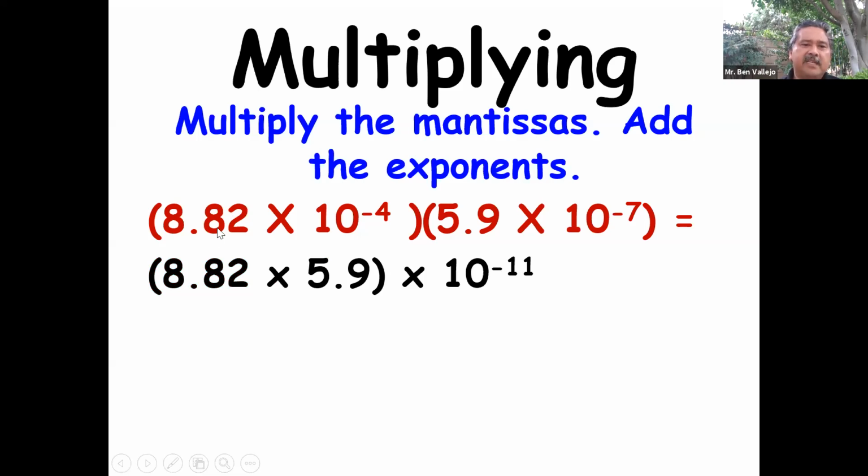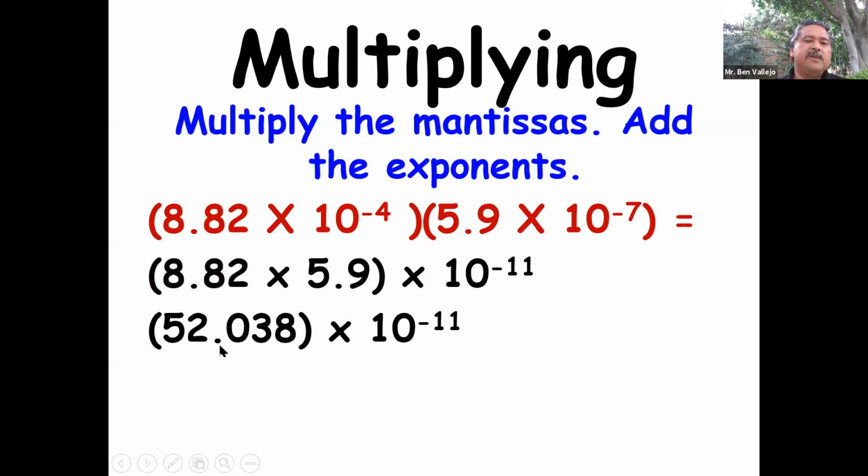And then we take the mantissas and multiply those. We get 52, except 52 is not a number between 1 and 10. So I've got to move this decimal over to the left once, and when I do, I've got to change this to 10 to the negative 10th. So there's my answer.